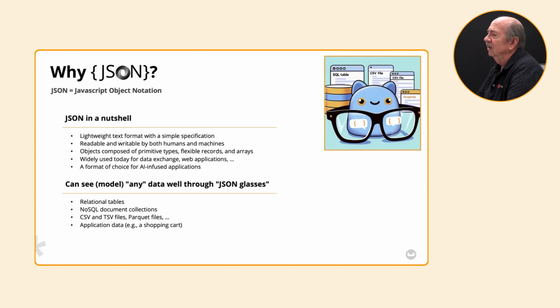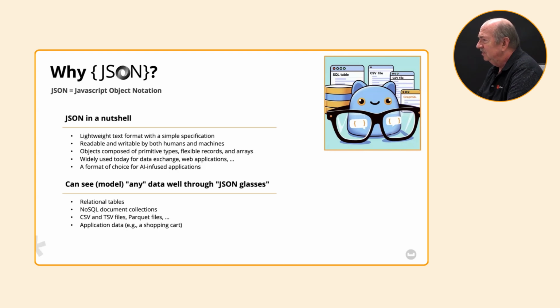One of the things that makes it interesting is that it's pretty general in terms of the kinds of data that it can be viewed as modeling. JSON data can be a way of seeing relational tables, NoSQL document collections in your favorite NoSQL databases, CSV, TSV files, Parquet files.